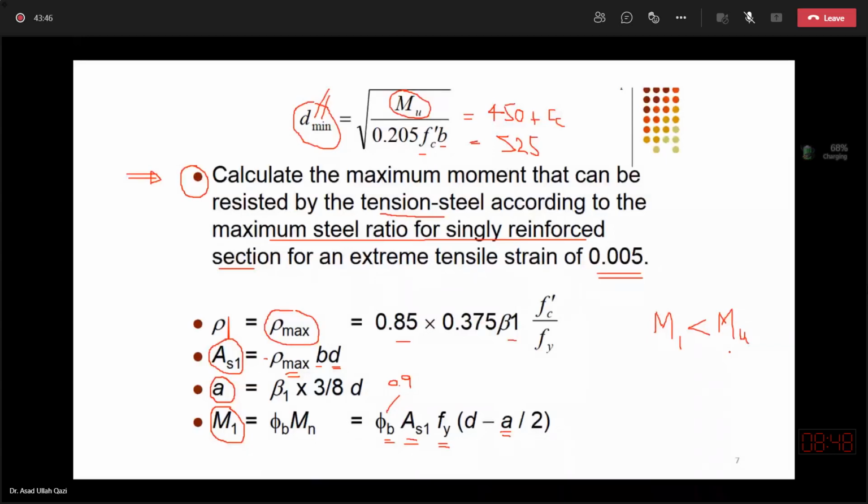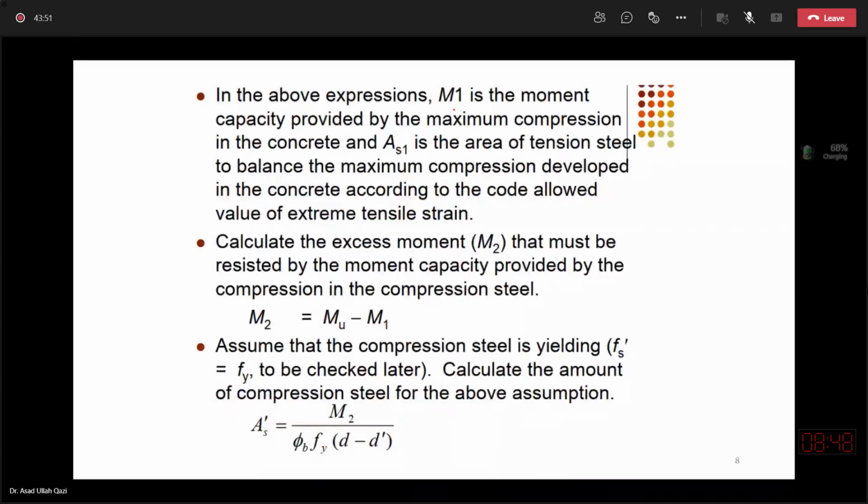In the above expression, M1 is the amount of capacity provided by the maximum compression in concrete, which is Cc, and As1 is the area of tension steel to balance that Cc.